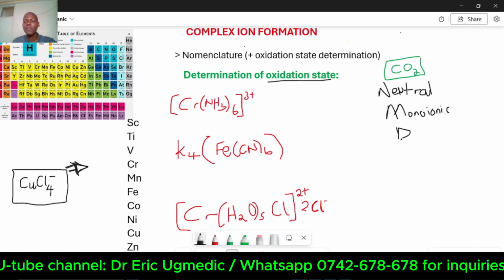Then we can also have diionic ligands. What I mean by diionic is that it has a double charge.